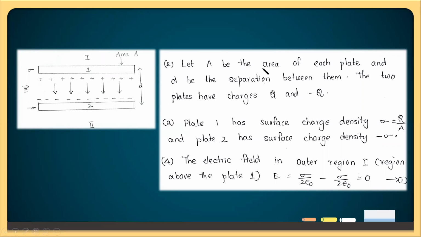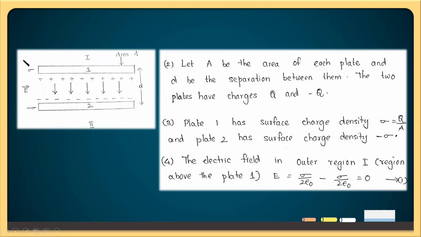Now let capital A be the area of each plate and d the separation between the plates. Plate 1 has a charge of capital Q, plate 2 has a charge of minus Q. This I have not shown in the figure. I have shown only sigma and minus sigma.